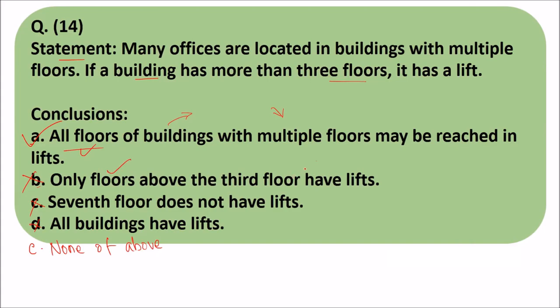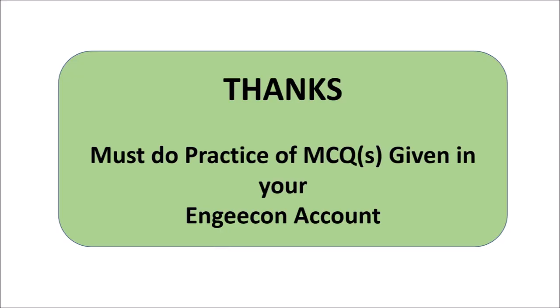Such a definite thing is not given. Only a general thing is given. So there is a possibility that all the floors can be reached by lift, and there is a possibility that all the floors of the building may not be reached by lift. So the conclusion A follows. Okay, so even if there is a none of the above option, you have to choose answer A, right? It's very easy. Just practice and you will be able to master this topic.